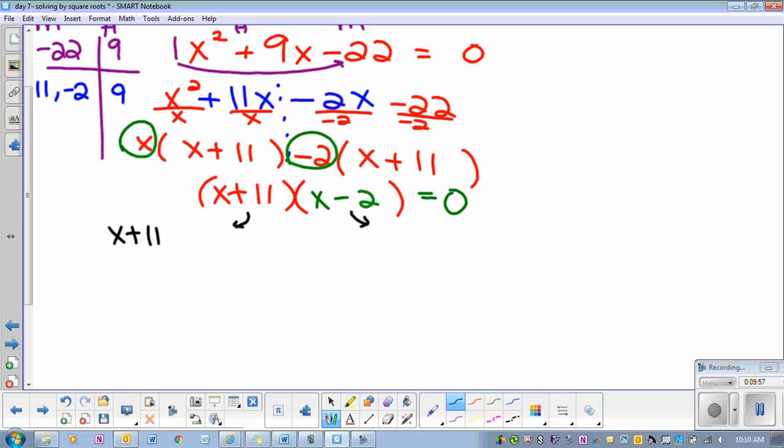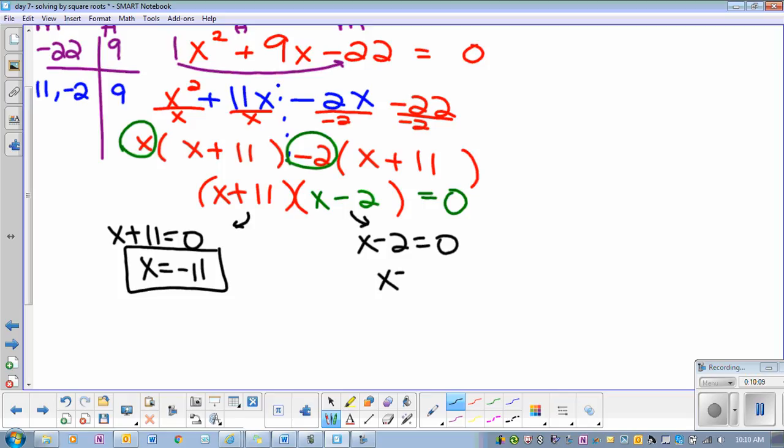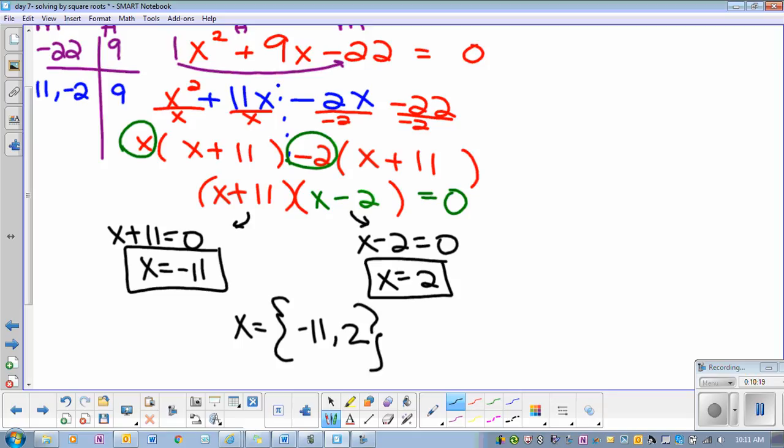So x plus 11 equals 0. X minus 2 equals 0. X equals negative 11, and x equals 2. We like to put the smaller number first. Okay? Questions?